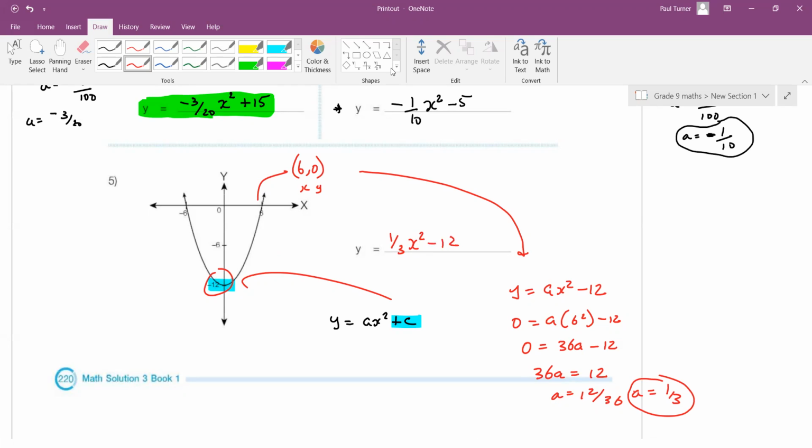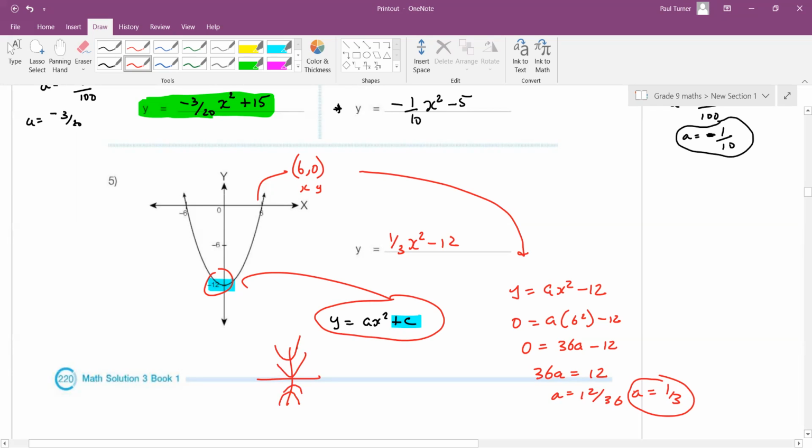Okay, did anyone get that? 1/3 x squared, yeah. All right, so we had someone get it right. It's just a little bit tricky. You just have to use your standard form. So we use this form whenever we have a graph that's on the y-axis like that.